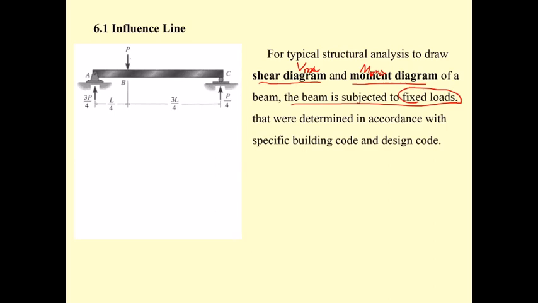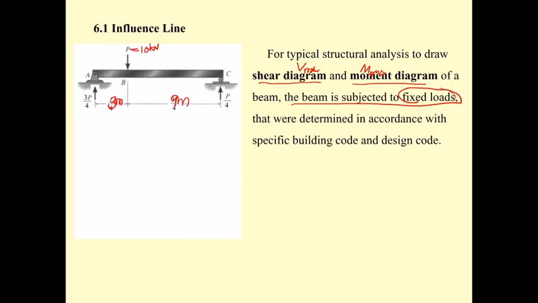The load here is fixed, such as this is 10 kilonewton, and this is, for example, 3 meter, and this is 9 meter, and the load is going to be here while you draw the shear diagram and moment diagram.